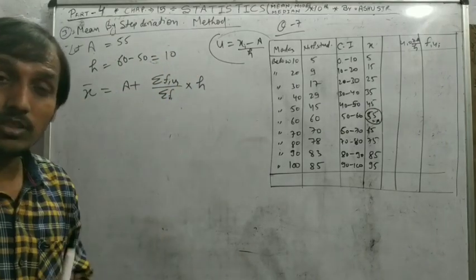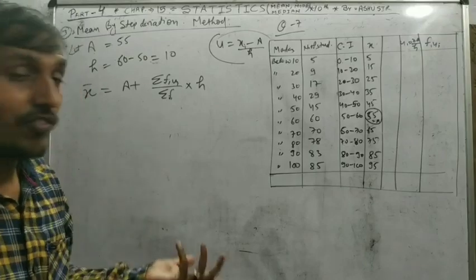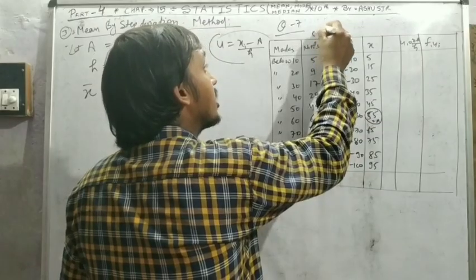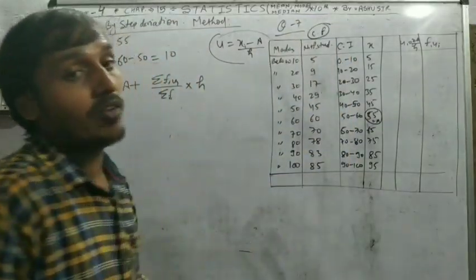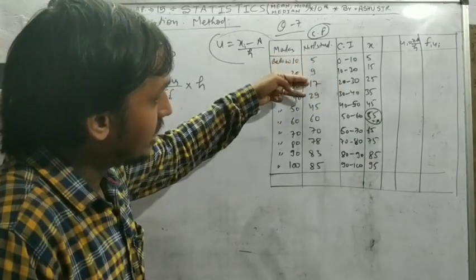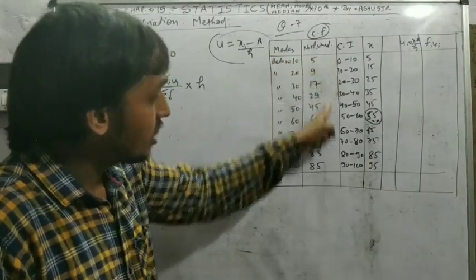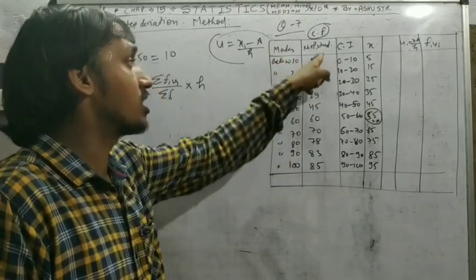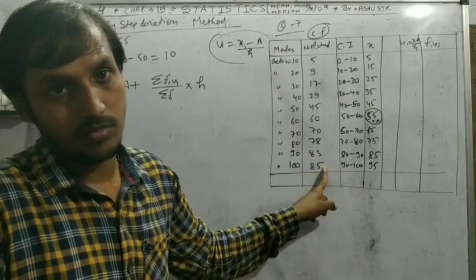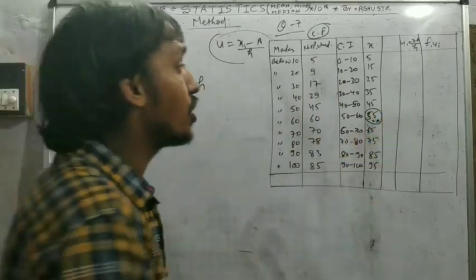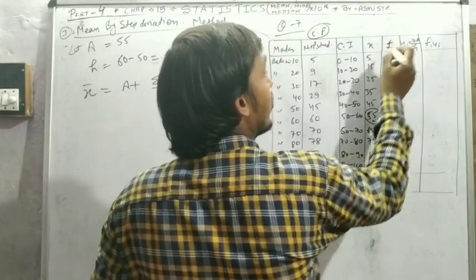So u is equal to x minus a upon h. But where is f? If you say this number is f, no, this is cf. I explained in the first video this is in ascending order, 5, 9, 17, 29, because this frequency is for this class mark, and this is a cumulative frequency in ascending order. So we find frequency f.